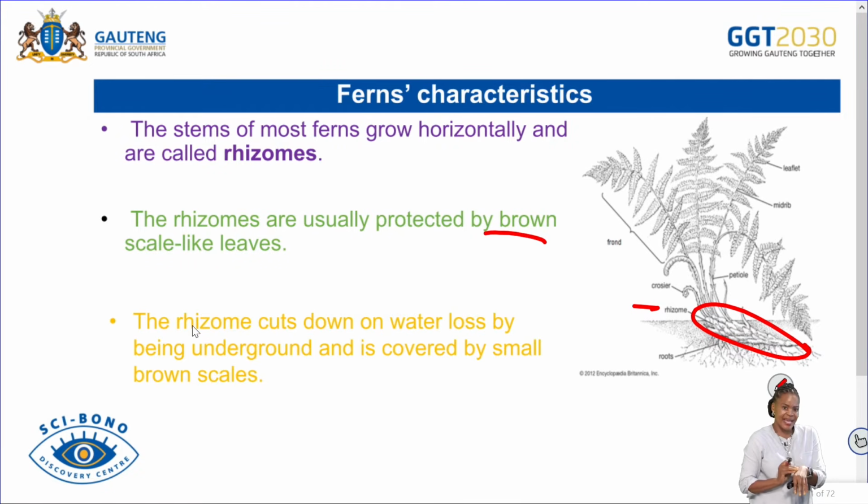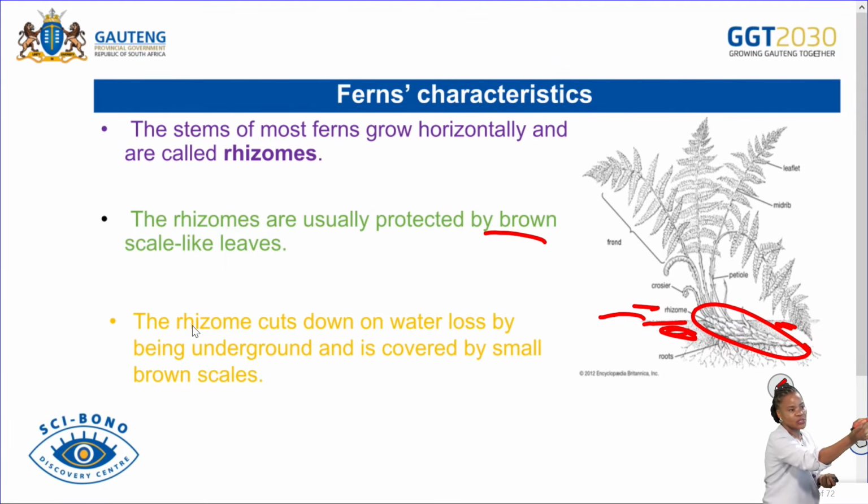So our rhizomes, which are the stem, are protected by that. Rhizomes cut down on water loss by being underground. You can see this is our soil. They are usually underground and covered by small brown scales, and that is our rhizome.